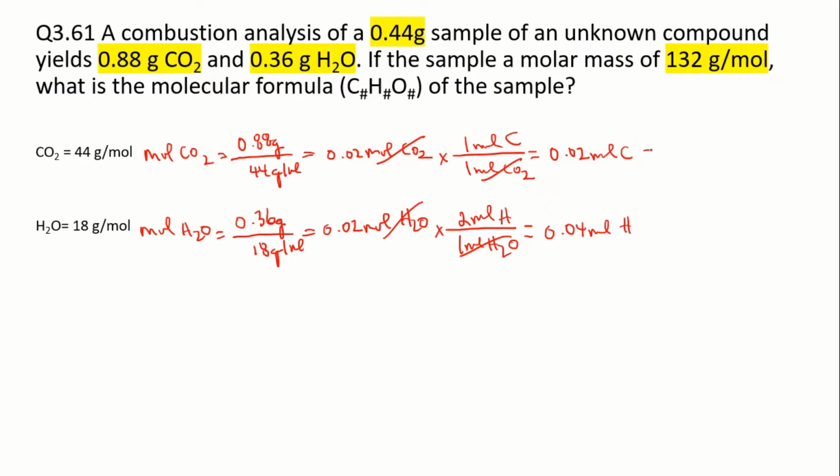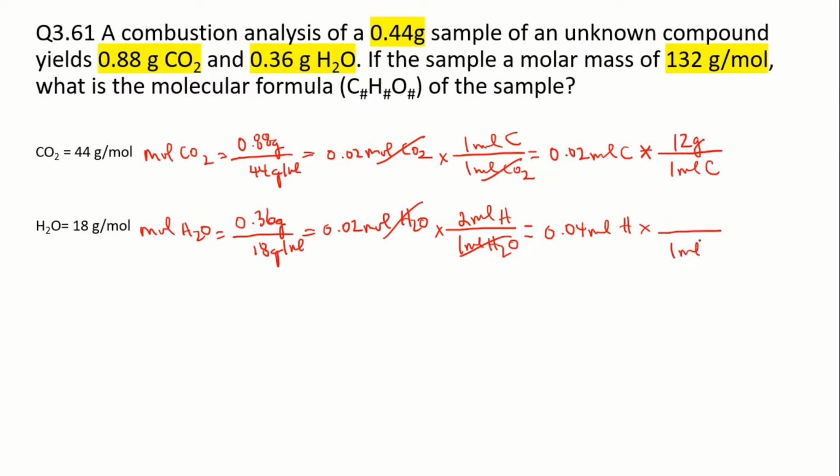But I need to know how much that weighs, right? So I want to use these moles of carbon and hydrogen to find the mass of carbon and the mass of hydrogen I should have. Going again to the periodic table, for every 1 mole of carbon, carbon is 12 AMU, so I would need 12 grams to have 1 mole.